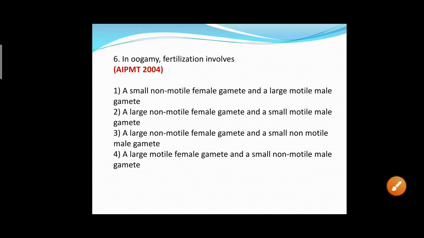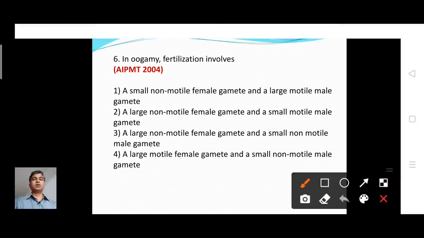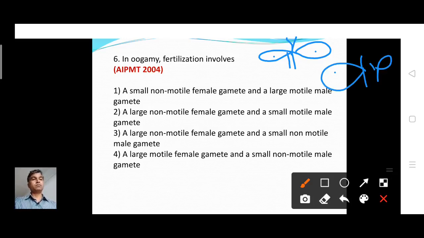So somewhat it is related to the first chapter. When you take the first chapter, isogamy, anisogamy, oogamy, 3 types of fertilization we have seen. So isogamy is a fertilization between 2 motile gametes. Both sides are the same. Anisogamy means one is a little bit larger, one is a little bit smaller. Still both are motile.